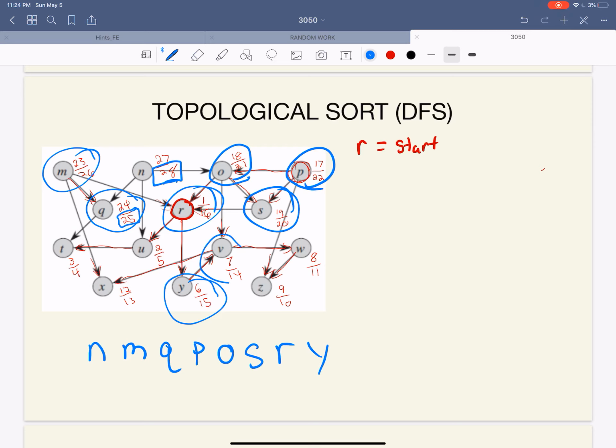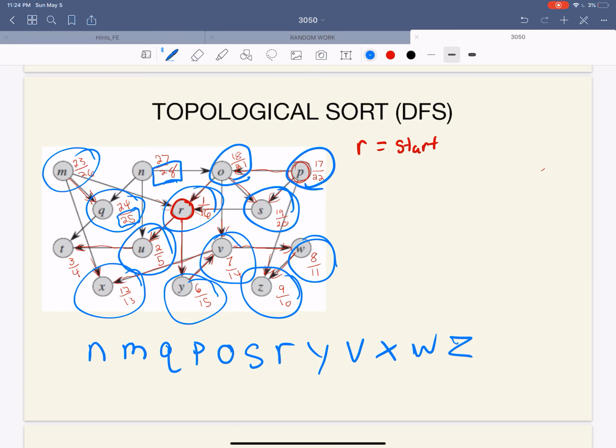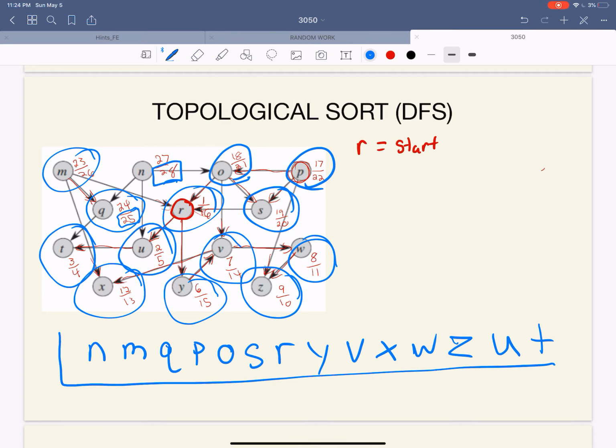And then 14 will be next, so V. And then 13, so X. And then 11, so W. And 10, so Z. And then looks like we have 5, so U. And then T. So this will be your final order for a topological sort.